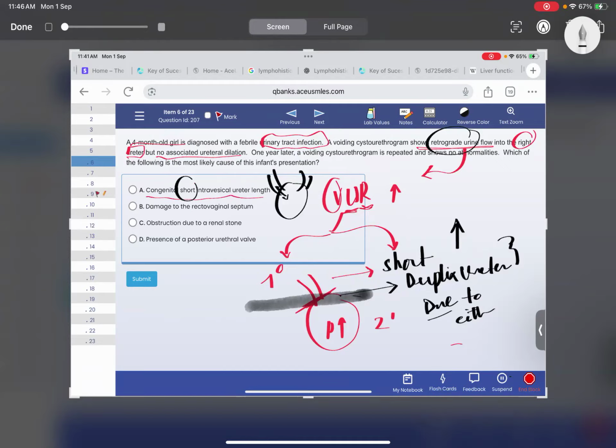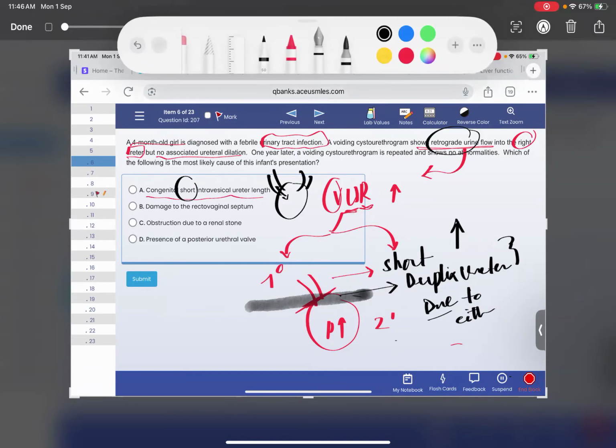If the insertion is not normal, then when we increase pressure in the bladder, the urine will go in this direction, but also backwards. Normally, the ureter is placed so that when we try to urinate, this valve becomes closed, so we don't see any upward going of urine.